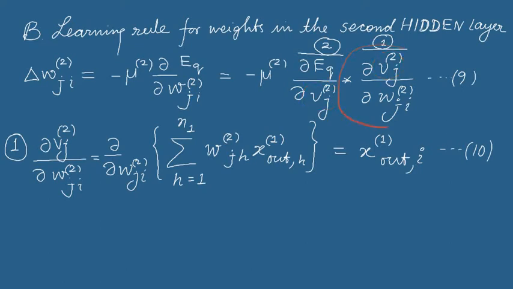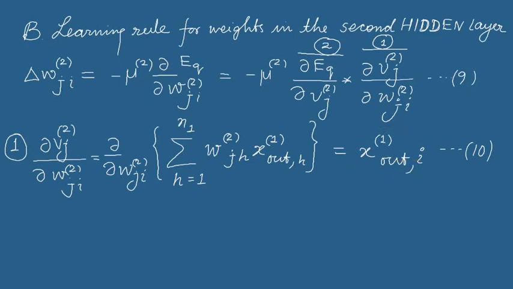We need to evaluate these two terms. As far as this first term is concerned, which we are giving as 1, we have seen this earlier also. Here we need to expand this Vj term, and when we expand it and write it as a summation of different terms, then only the term for which h is equal to i gives a value for this partial derivative, and that is x out i, as we have seen earlier.